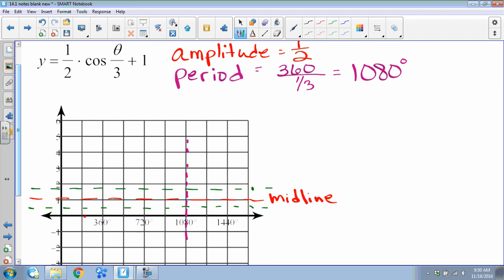one wave stops. Okay? Now, you can take 1080 and divide it by 4, and you'll get, so each hash mark goes 270 degrees. Okay, so from 0, you would go to 270, but I don't see 270 marked.